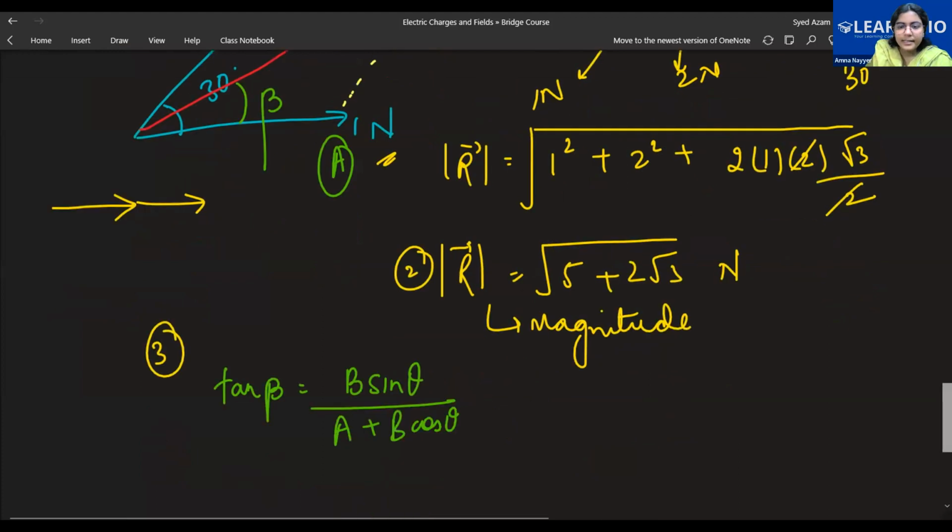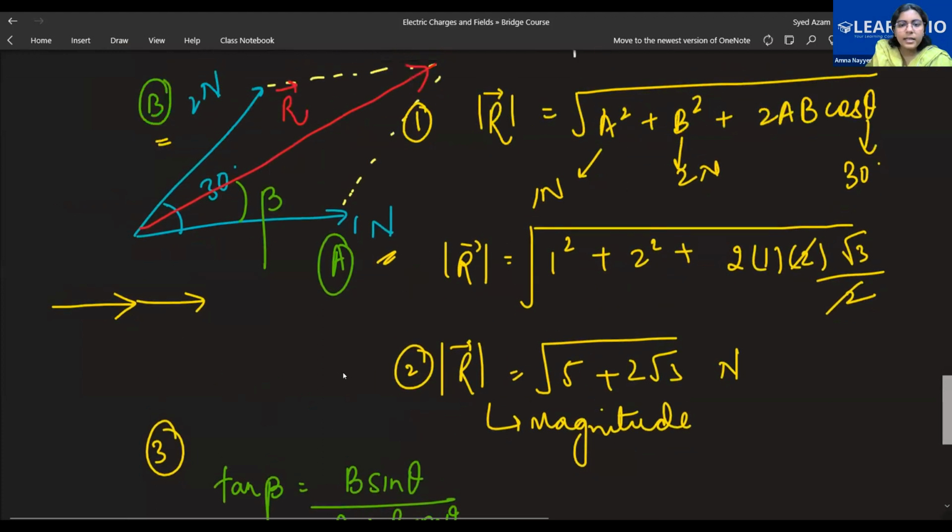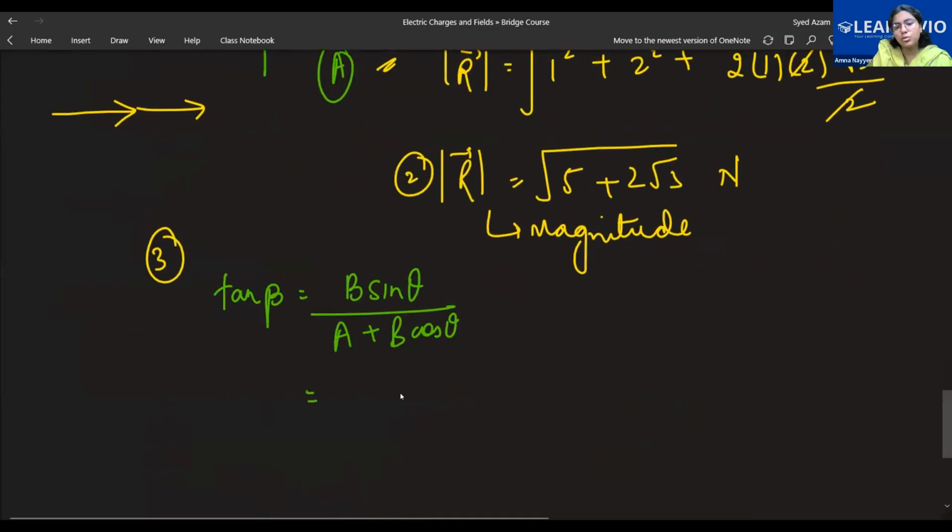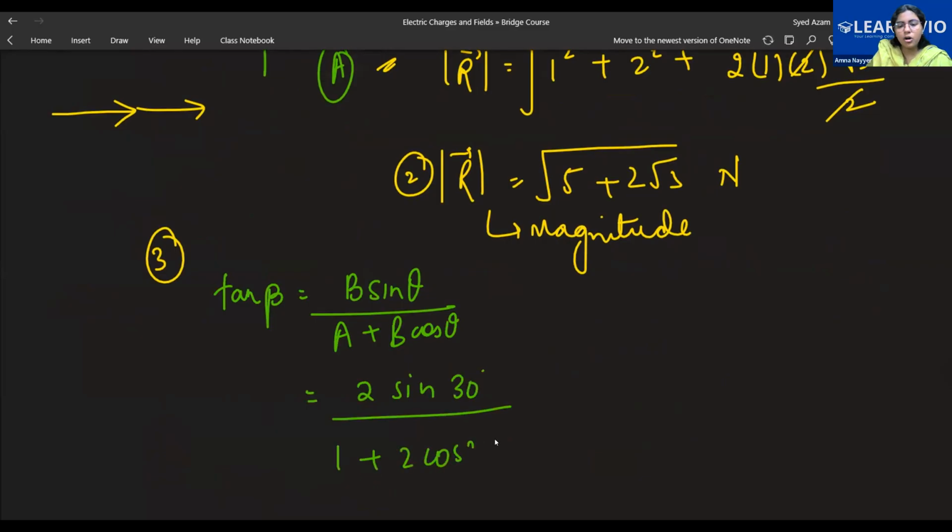Now we can put the value. B is 2 and A is 1. So this is 2 sine 30 degree divided by 1 plus 2 cos 30 degree. So this will be 2 into half divided by 1 plus 2 root 3 by 2. So this 2, this 2 gets cancelled.